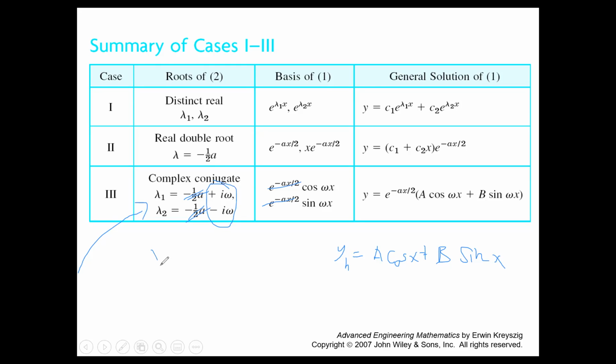We have lambda 1 and lambda 2 in our previous problem equal to i omega, and this one is negative i omega. In our case, omega is equal to 1, so this will be like this.